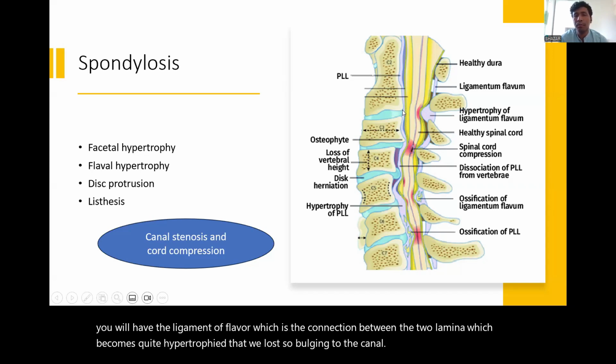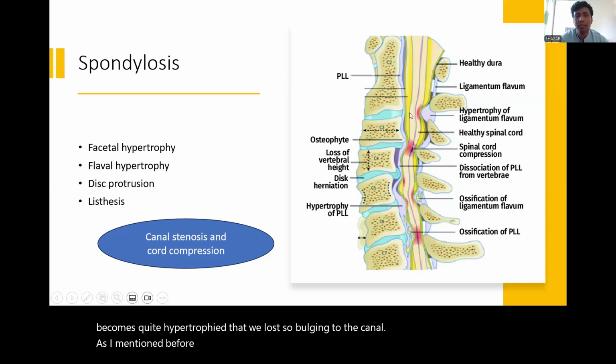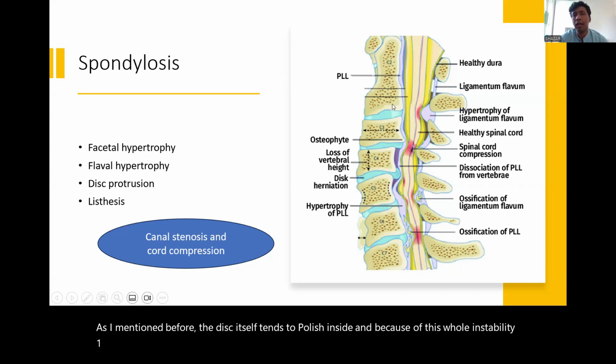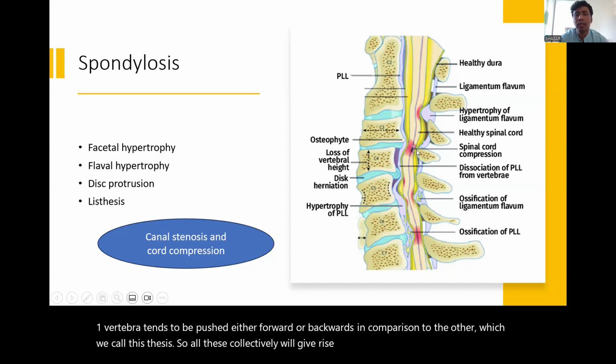As I mentioned before, the disc itself tends to bulge inside. And because of this whole instability, one vertebra tends to be pushed either forward or backward in comparison to the other, which we call listhesis. So all this collectively will give rise to compression or stenosis of the canal and hence compress the cord.